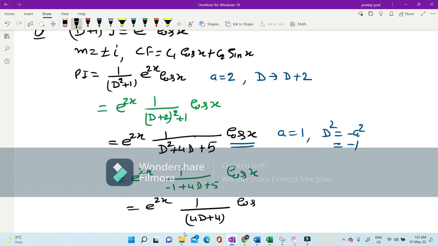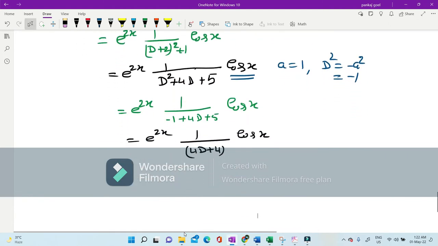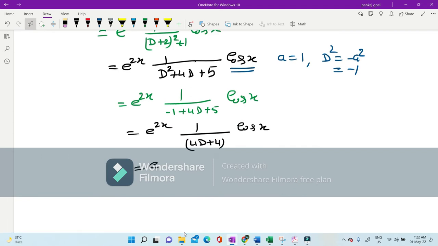cos x. Taking 4 common and then it's like the factor that is equal to e की power 2x upon 4. You can write this d plus 1, d minus 1. Again write here d minus 1 cos of x.